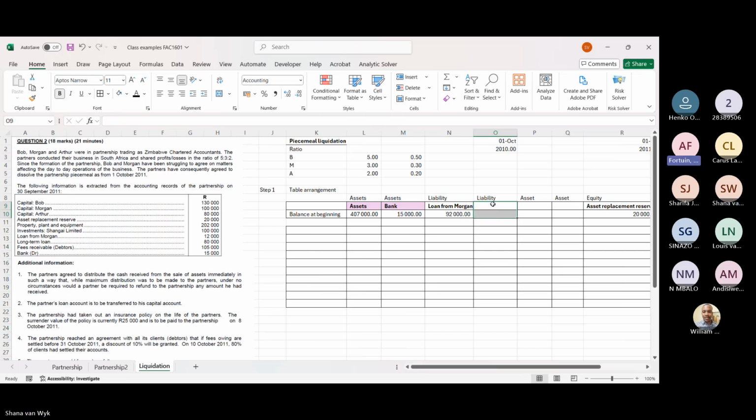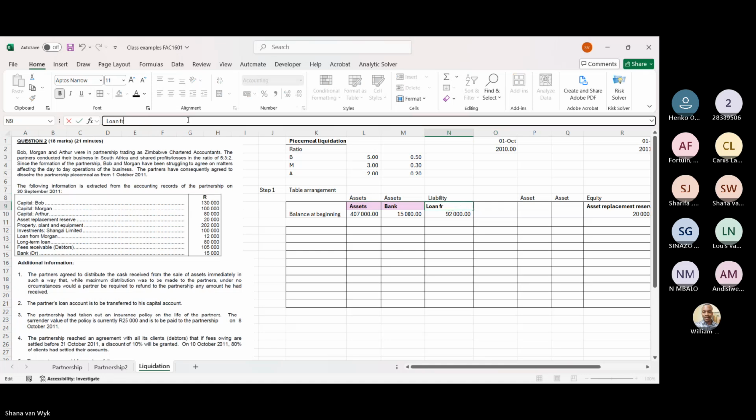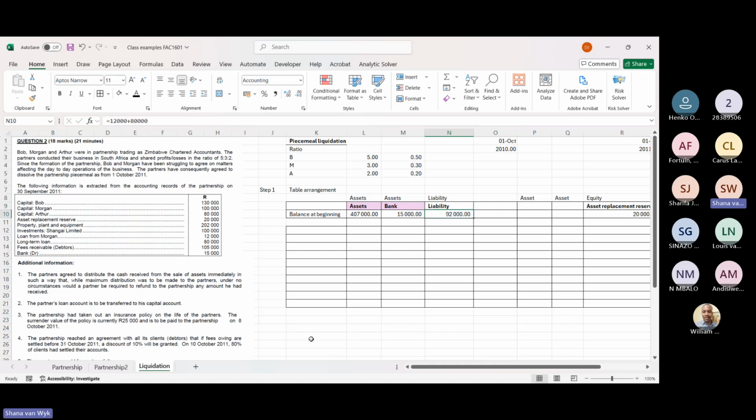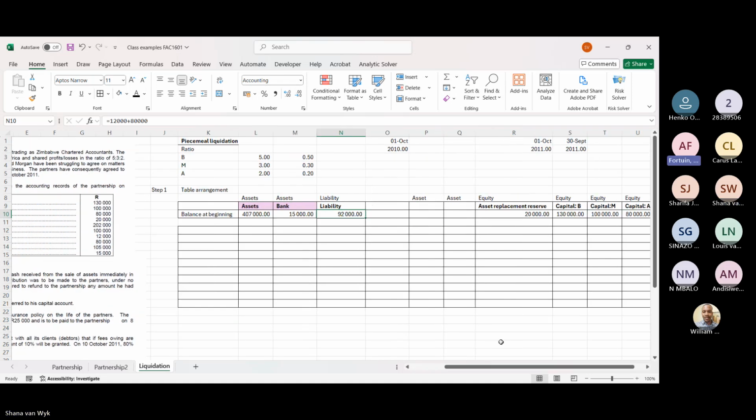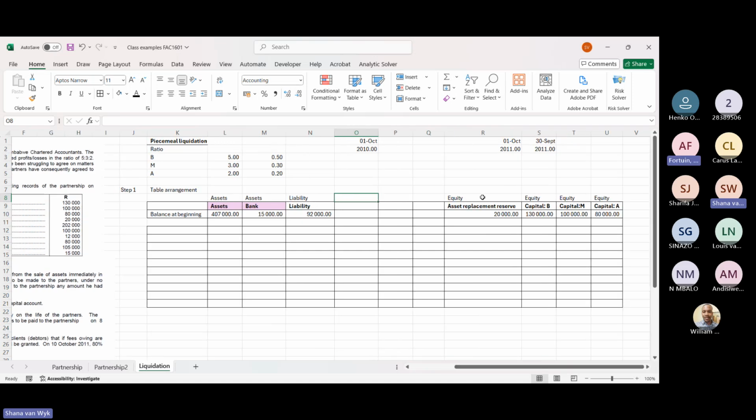Now you have the capital account of all the partners. You see, so you start your question like that, the balance at the beginning. Delete equity for the time being. Then you just have your capital of all your partners.